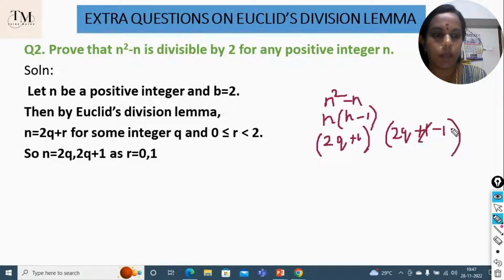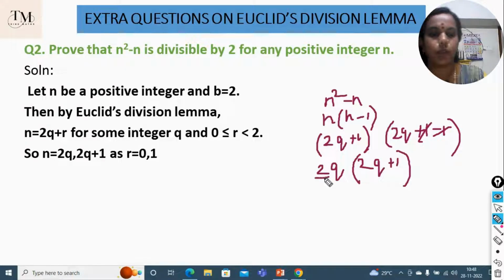The plus 1 and minus 1 get cancelled, so the value will be 2q. I write 2q here, 2q into 2q plus 1. So this is also a multiple of 2, and this value is also divisible by 2. So n square minus n is divisible by 2 for any positive integer n.